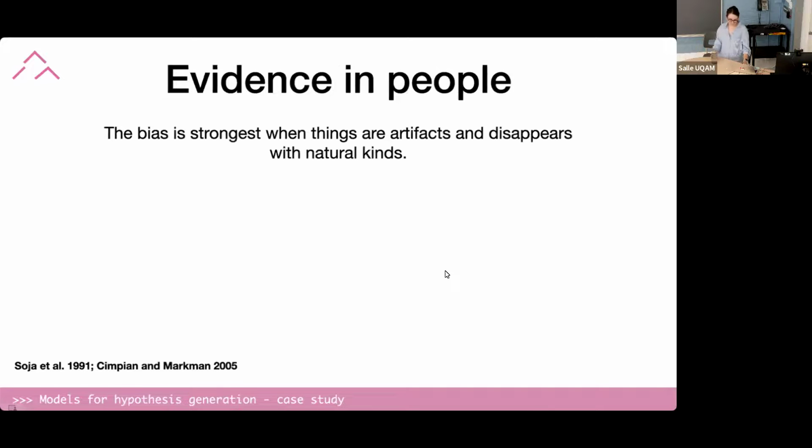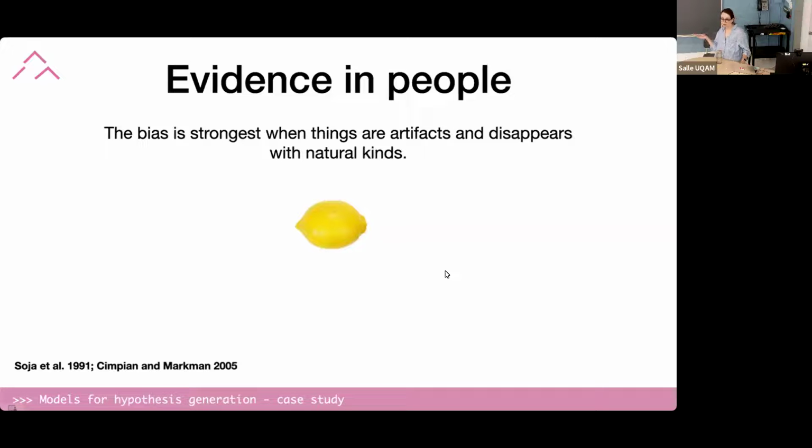Well, it turns out we have evidence for both these predictions. So the bias is really strongest when you assume in these experimental setups that you are looking at artifacts of some kind. And as soon as you think that they are natural kinds, like fruits or gems or some kind of natural object in the world, the bias can sometimes even fully disappear or at least be attenuated.